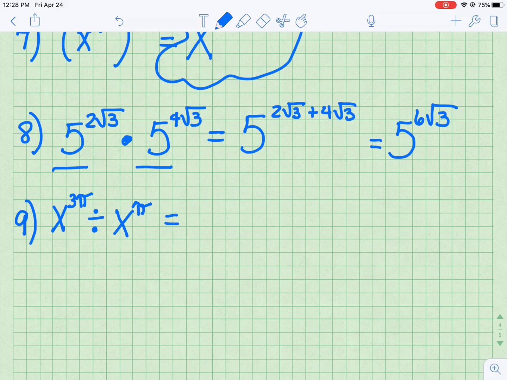So we have a like base, both of them are x, and so we just do 3 pi minus pi. And since they're like terms, we can do 3 pi minus pi to make it 2 pi. So it's x to the 2 pi.